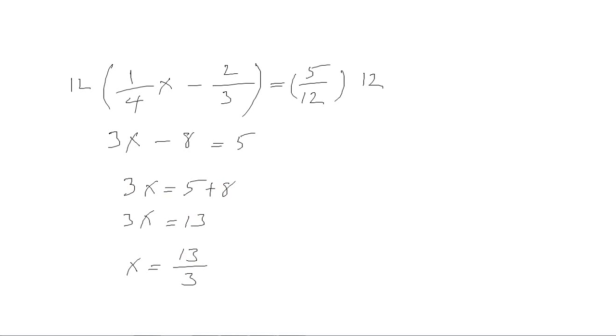Okay, now let's look at some word problems. Sometimes you're not given the problem in the form of a mathematical equation, you're given a sentence, and you're supposed to use the information in the sentence in order to put it down mathematically.